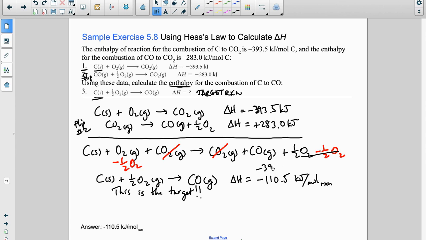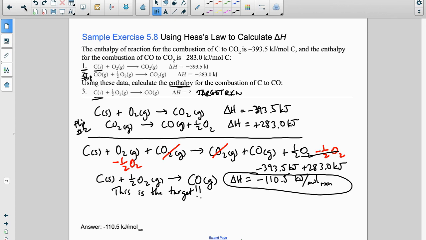So minus 395.5 kilojoules plus 283.0 kilojoules. That equals minus 110.5 kilojoules per mole. So that's Hess's law, taking these pieces and manipulating them so that we get the overall target reaction here.